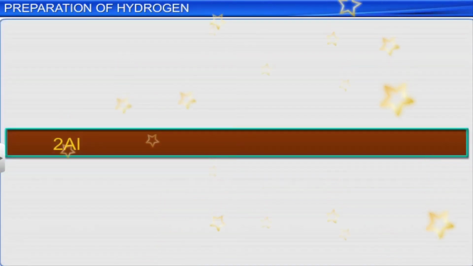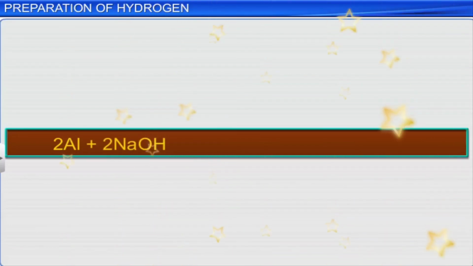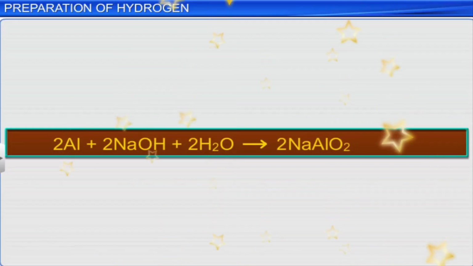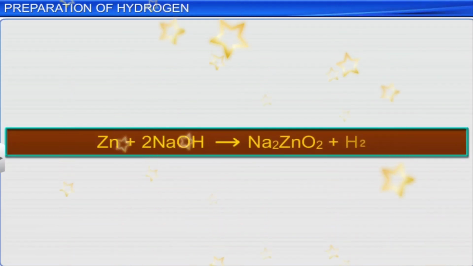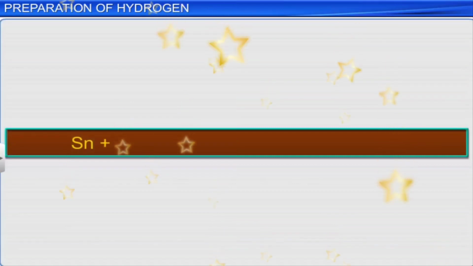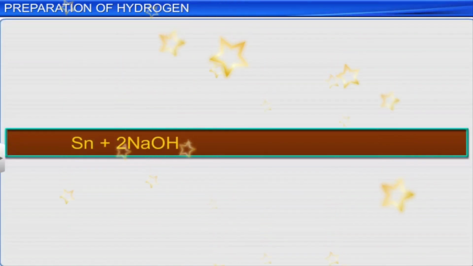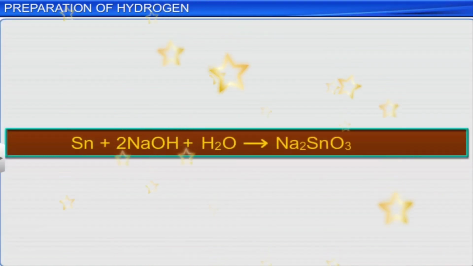For example, aluminium reacts with sodium hydroxide and water to produce sodium meta-aluminate and hydrogen. Zinc reacts with sodium hydroxide to form sodium zincate and hydrogen. Tin reacts with sodium hydroxide and water to form sodium stannate and hydrogen.